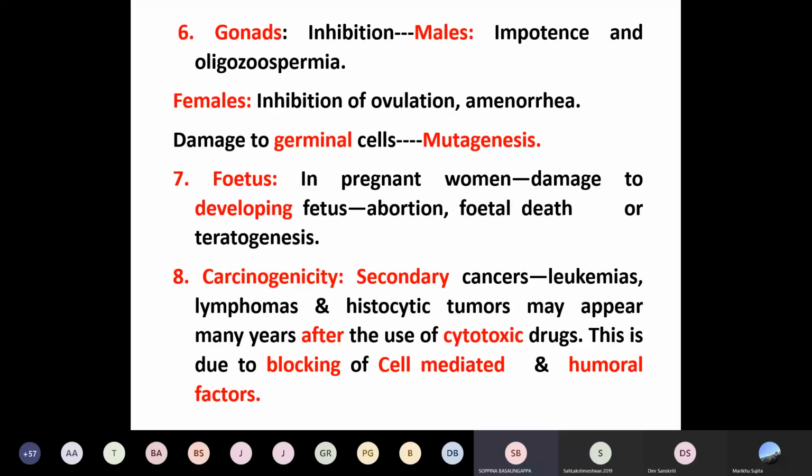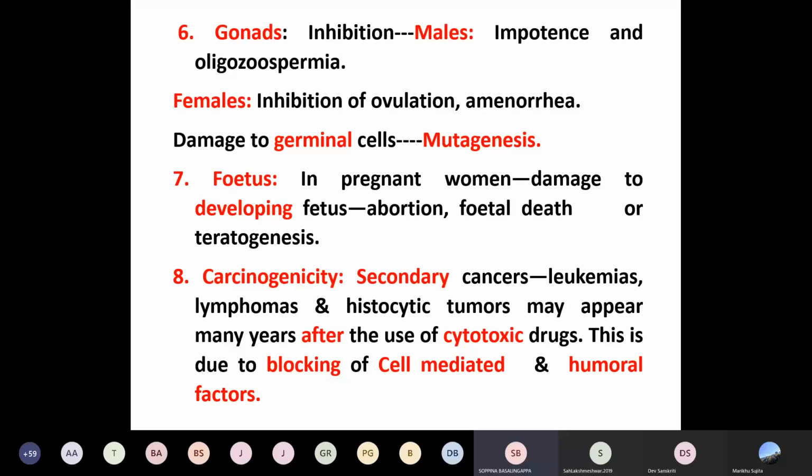In males, impotence and oligozoospermia. In females, inhibition of ovulation and amenorrhea. It will damage the germinal cells, which will result in mutagenesis, that means abnormal formation of the fetus.